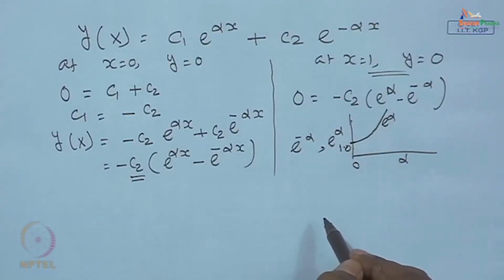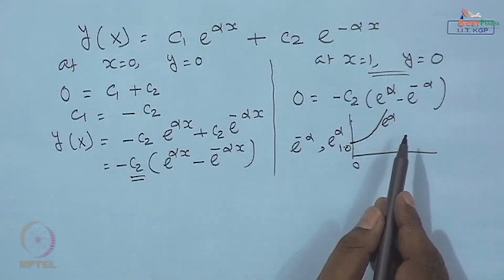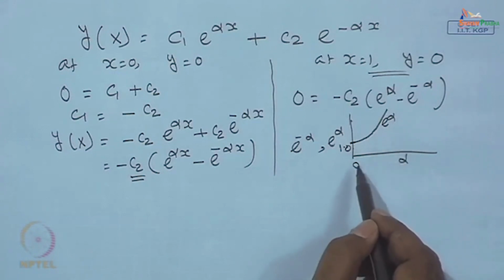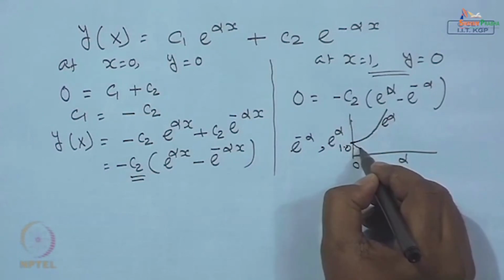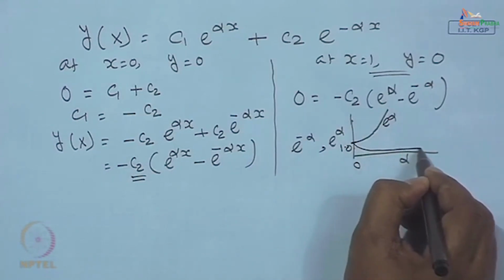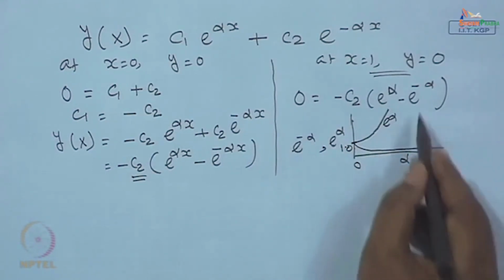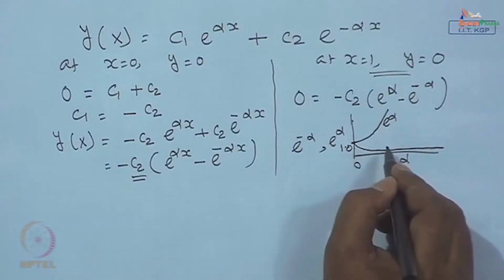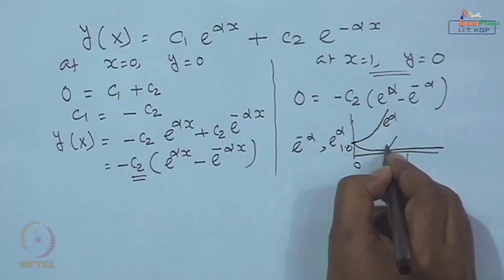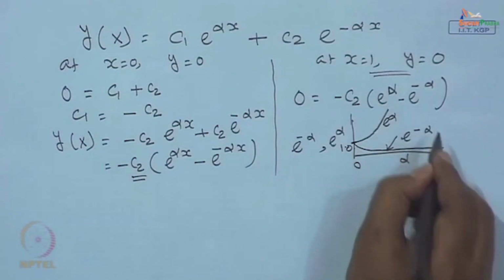If you look into e to the power minus alpha, for alpha equal to 0 it is 1, and it decreases exponentially towards 0. So it varies from 1 to 0. Therefore, e to the power minus alpha is always positive.